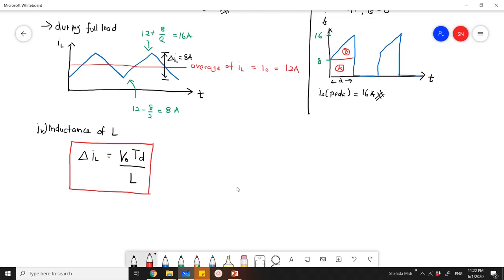Okay, so here as we should know, T is equivalent to 1 over F. So the frequency is given as 50 kilohertz. Okay, D is the duty cycle.